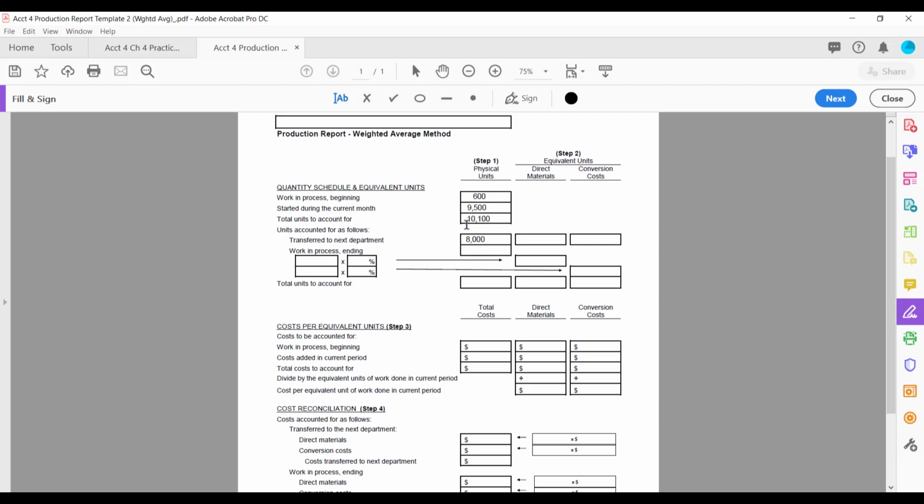Well, if these 8,000 units are done, they are 100% complete with respect to both materials and conversion costs. So with this template, as soon as you fill in this transferred to next department box, in this case 8,000, you simply copy it over to those next two boxes.